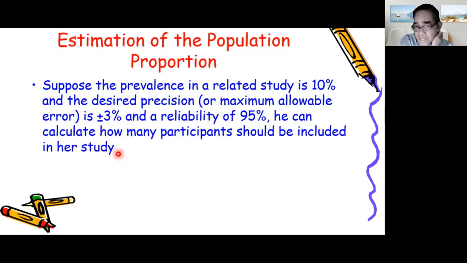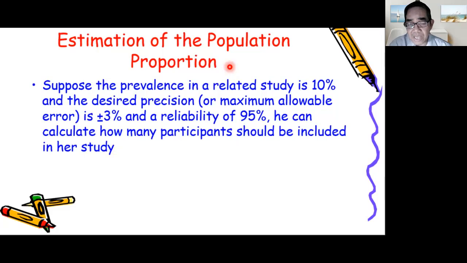Okay, now, I would like to tell you, class, that between the two, estimation of the population mean and estimation of the population proportion, the one that will yield a much larger sample size will be the estimation of the population proportion. So when we estimate population proportion, qualitative variables, we will have a much larger sample size than if we estimate the population mean.